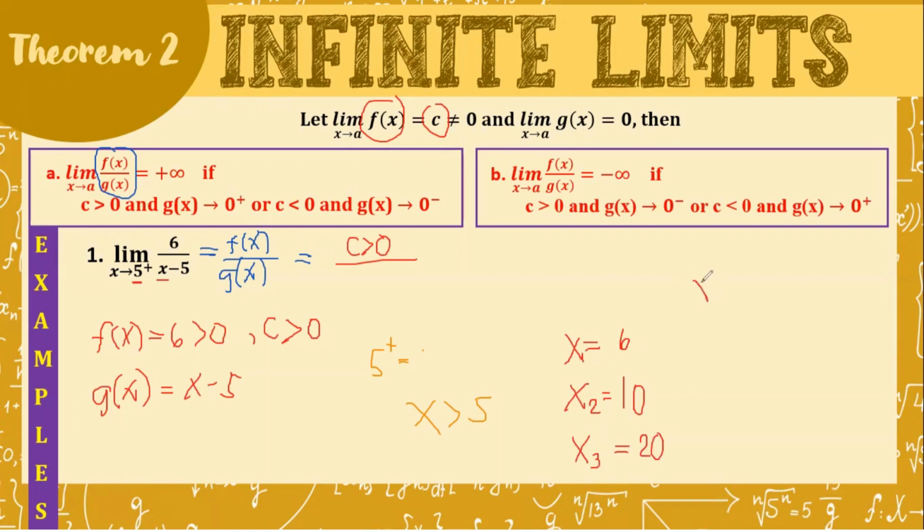Ayan. So, if we will substitute the values of our x to the denominator of g of x, kung isa-substitute natin siya dyan, okay, so, substitute natin. So, this will become 6 minus 5. The result will become positive 1. Okay.